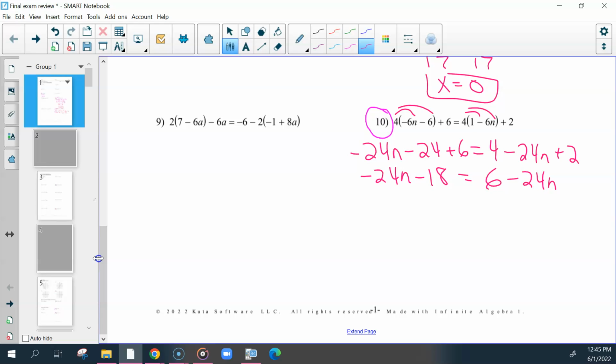So from this, I can say that this is no solution, but if you didn't see that, I could start moving things. I add 24n to both sides, and let's say I add 18. I end up with 0 equals 24. This is not a true statement, so this would be no solution.